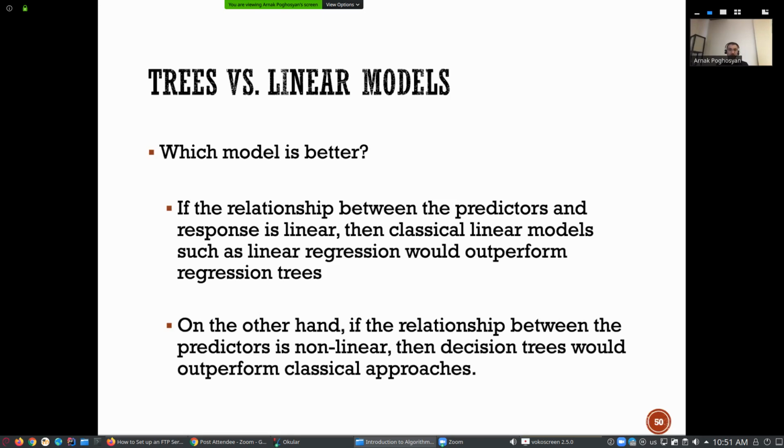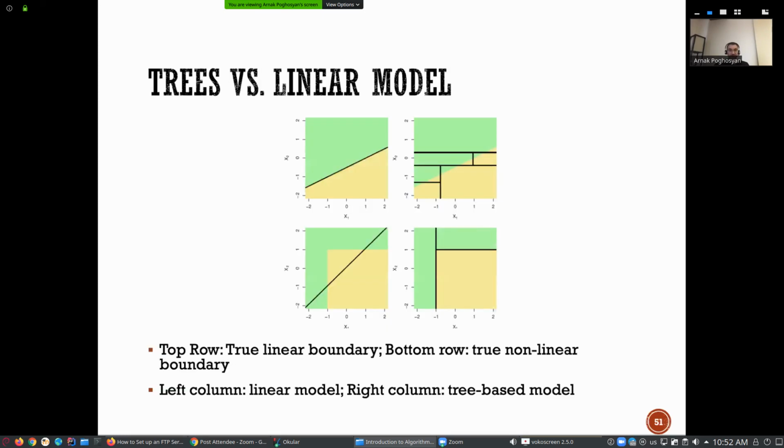We need to remember that decision trees are a nonlinear approach for classification and a nonlinear approach for regression. That is why there is no choice: if you know beforehand that the output depends nonlinearly on your predictors, then you can use only decision trees, not linear models.